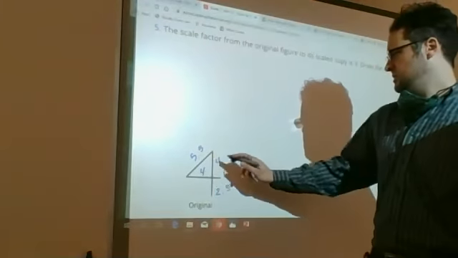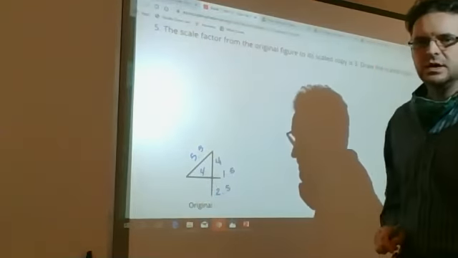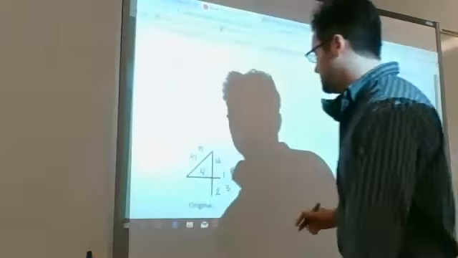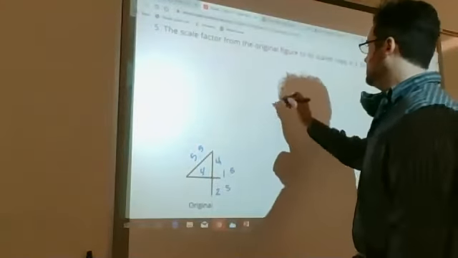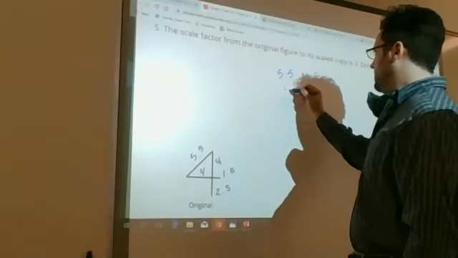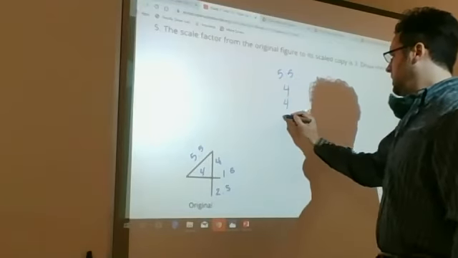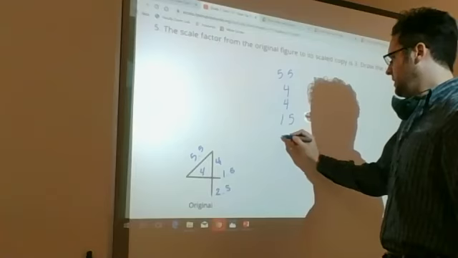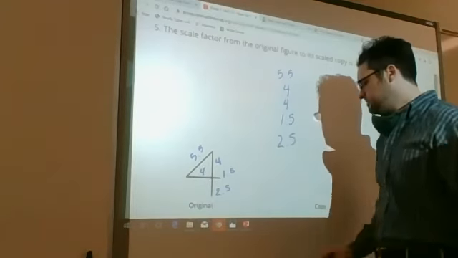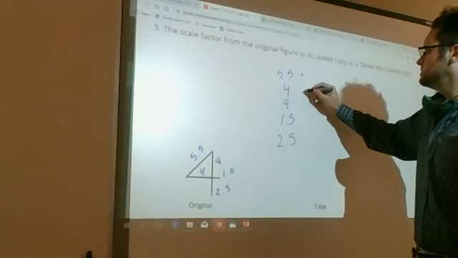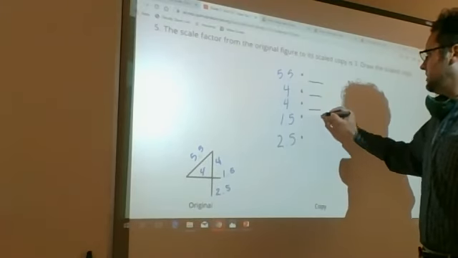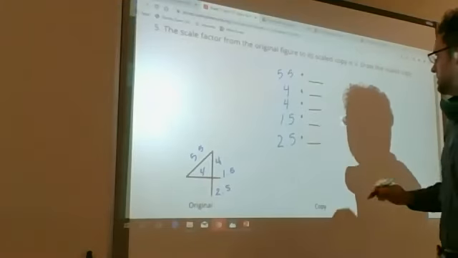So we have 5 numbers, and most of them are decimals. That's tricky, but we can do this. I'm just going to take all my measurements from my original. So I have a 5.5, a 4, another 4, a 1.5, and a 2.5. And then I have to apply the same scale factor to all of them, or it's not a scale copy.